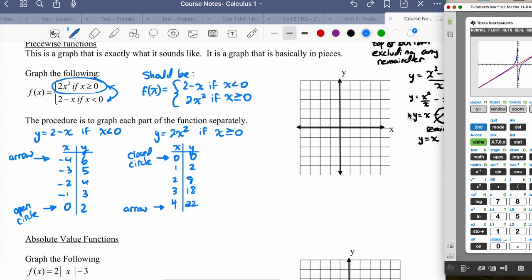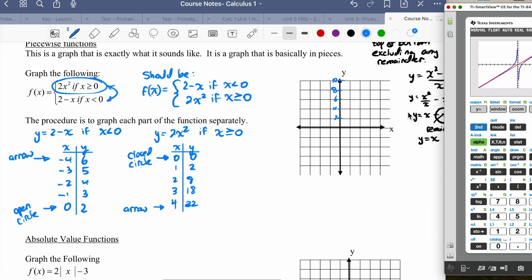So let's see. I only have 1, 2, 3, 4, 5 boxes to play with here. I don't know that that's enough, so I'm going to go by 2s on the vertical axis. That should be enough.